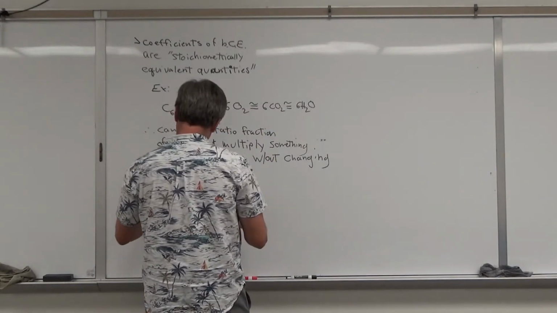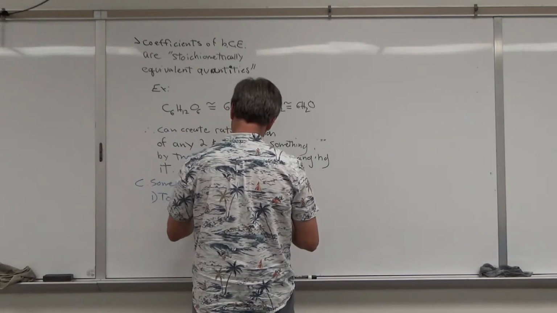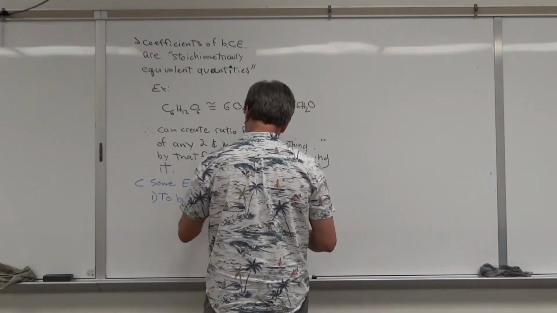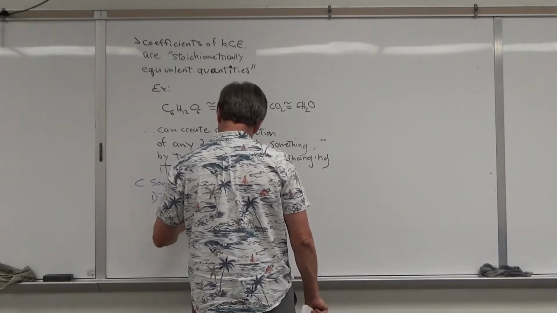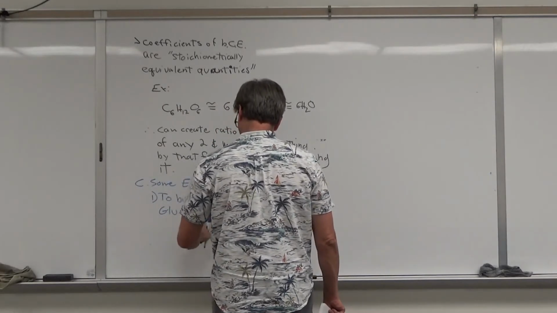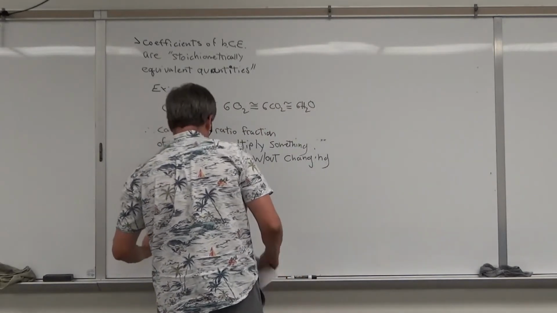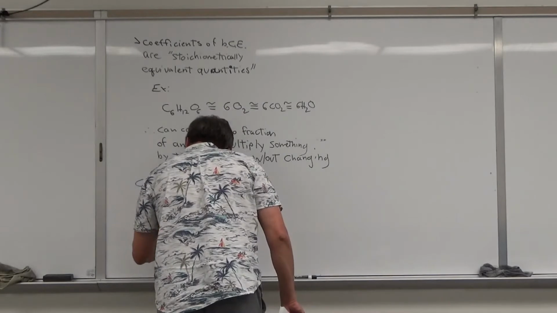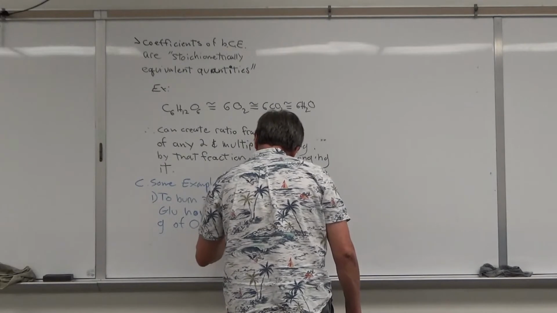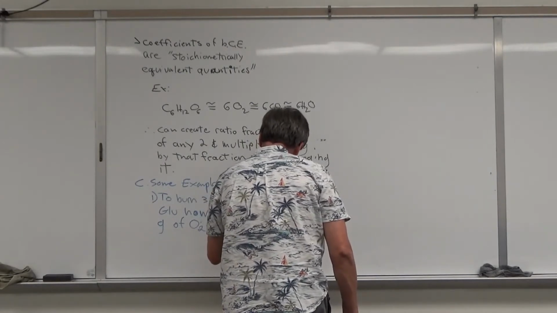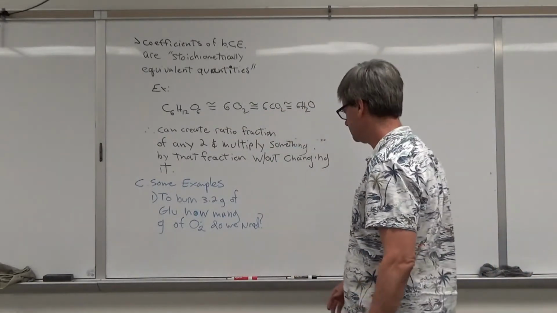To burn 3.2 grams of glucose, how many grams of O2 do we need? Maybe without this discussion that we just had, this would seem daunting, like, oh, how are we going to figure that out?